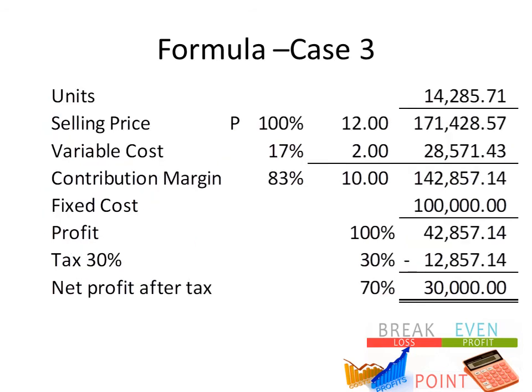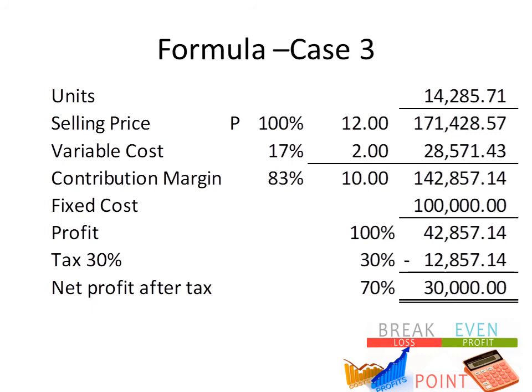Okay? For the other one, take note that this time we want 30,000 net profit after tax. We know that this is only 70 percent because the tax rate is 30 percent. So we need to divide 30,000 by 70 percent. That will give us 42,857.14.